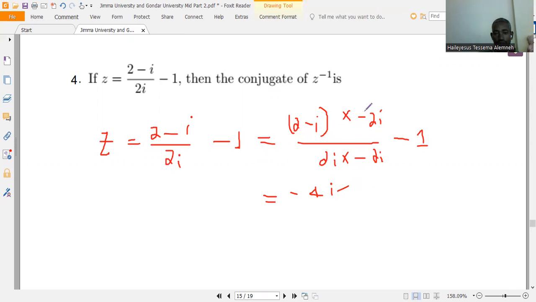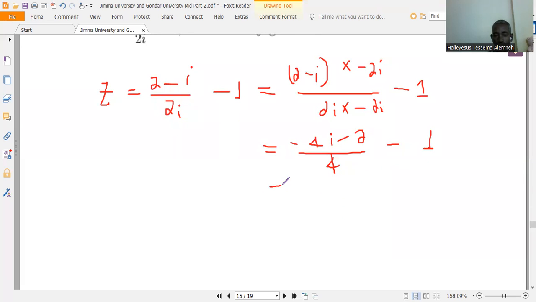In the numerator, minus 4i, then minus 2i times... minus times minus gives positive, i squared is minus 1. In the denominator, 2i times minus 2i is 2 times minus 2, which is minus 4 i squared, which is positive 4, then minus 1.